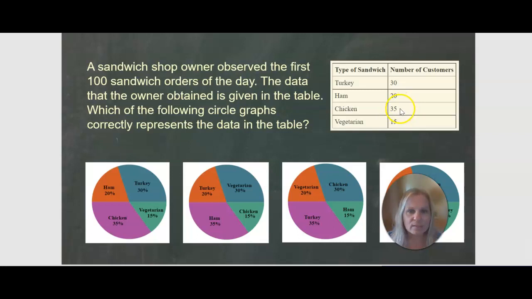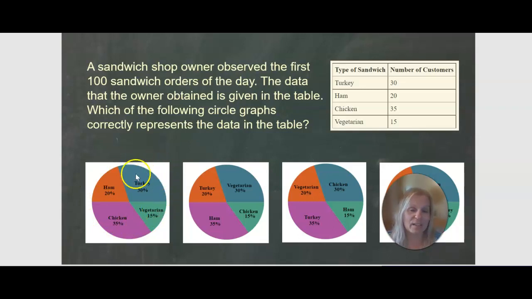Okay, so far the first one looks good. Turkey is 30, chicken is 35. Then we have that ham is 20%, all right, and vegetarian is 15%. Maybe you can't see the last one, but it looks like the first one is the one that's labeled correctly.